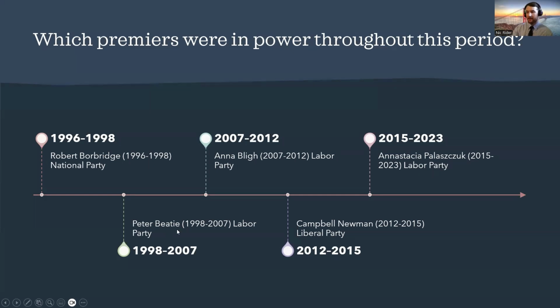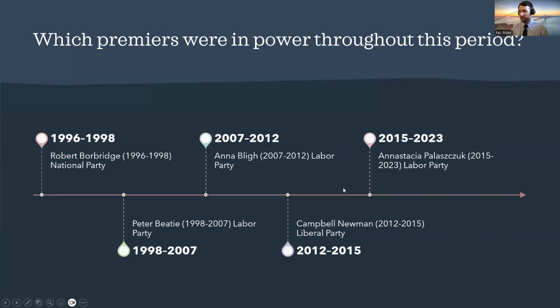We saw Beattie come in, and that was a reign of nearly 10 years. And Bligh for another five. So it's quite Labor heavy in the first 15 years of the 25 years that we're going to analyse. And we saw Newman come in from 2012 to 2015, which is probably one of the most unpopular premiers in Queensland, due to all the layoffs.